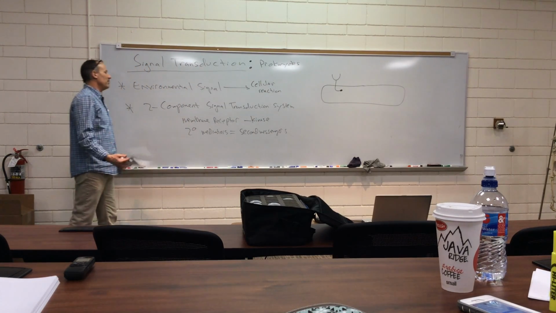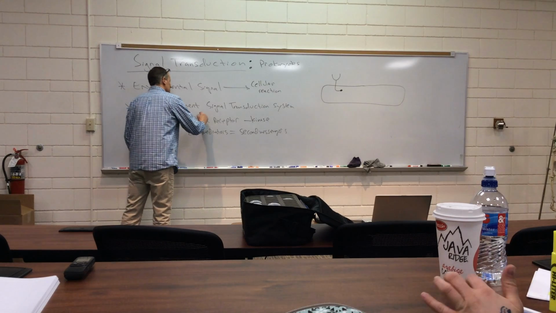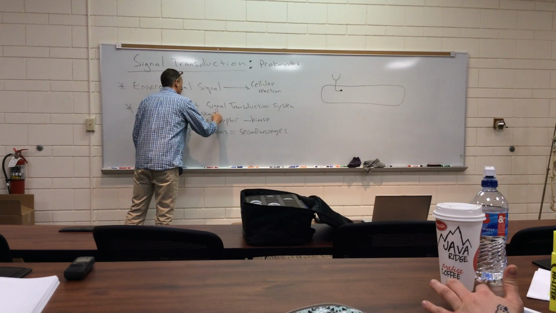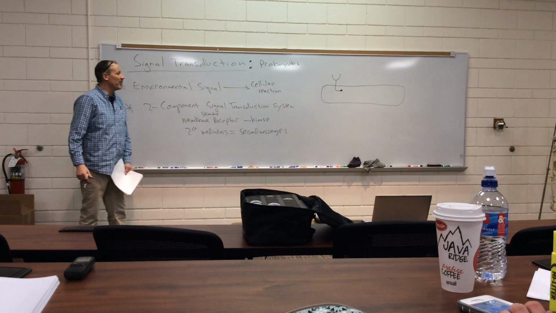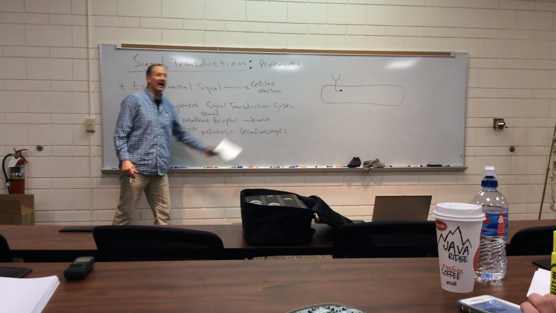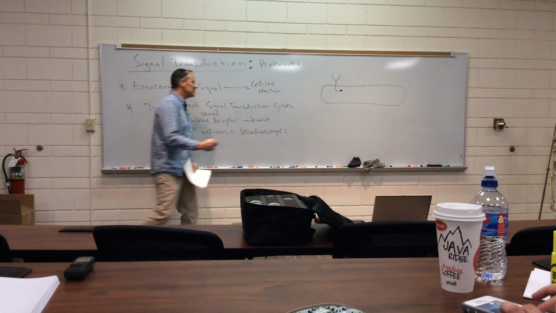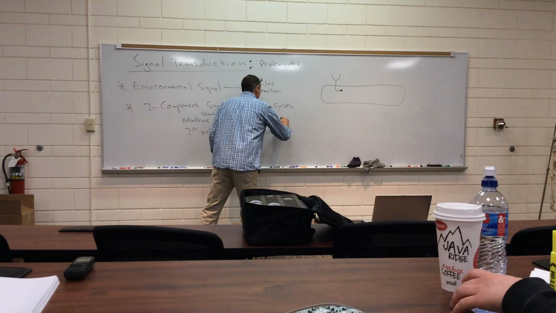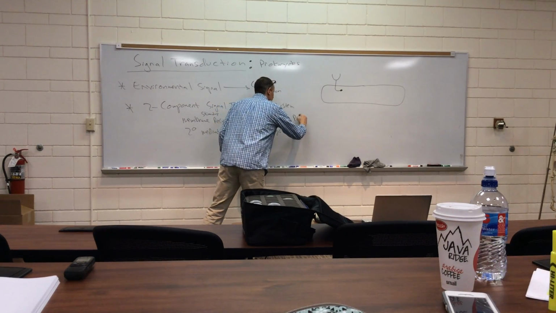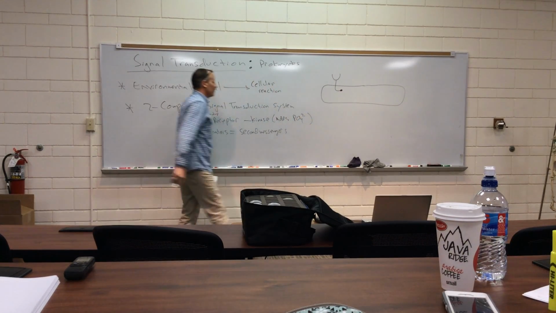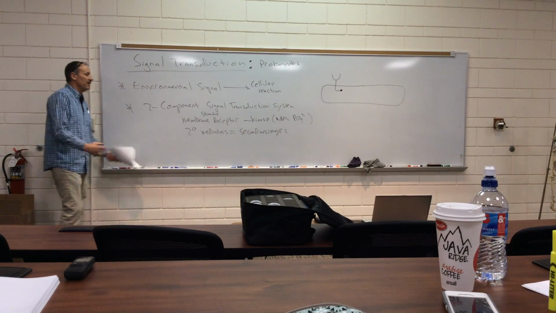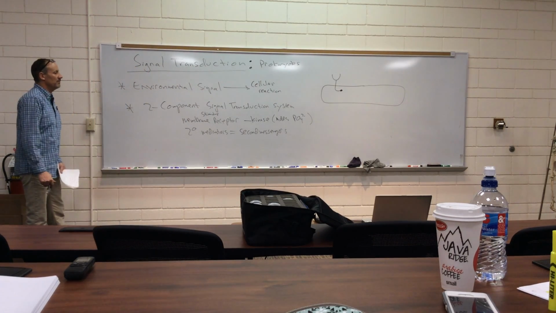So the outside part, the membrane receptor, receives the stimulus, and the inside part is actually a kinase. And a kinase is an enzyme that adds phosphate groups. Phosphatases take off phosphate groups, kinases put them on.